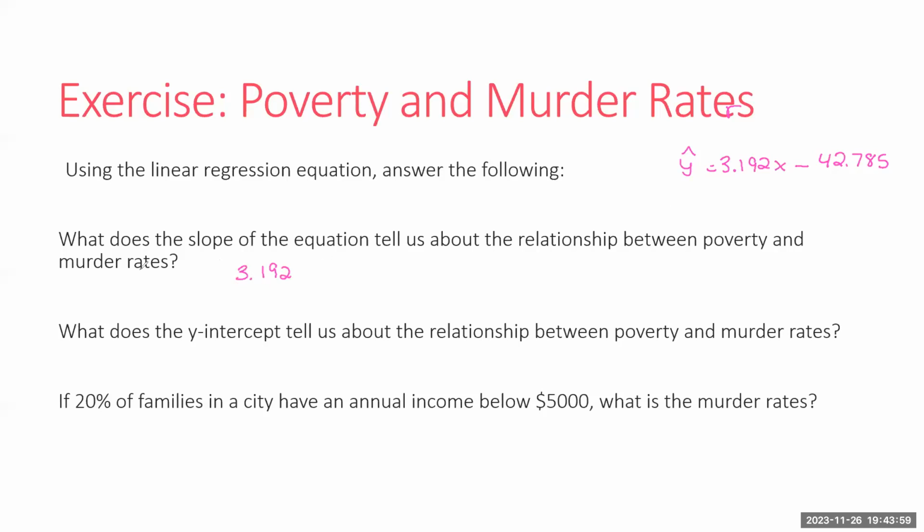So we gain 3.192 murders per million people if the poverty level, which is my X value, increases by 1%.